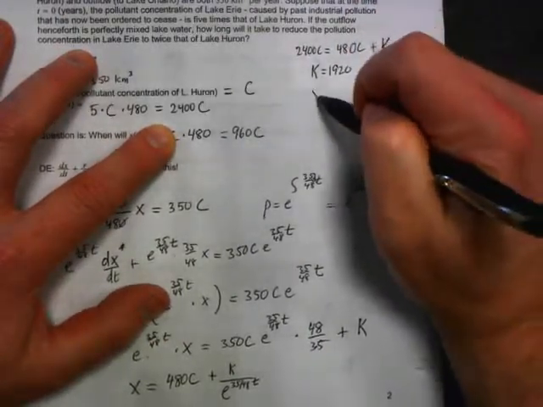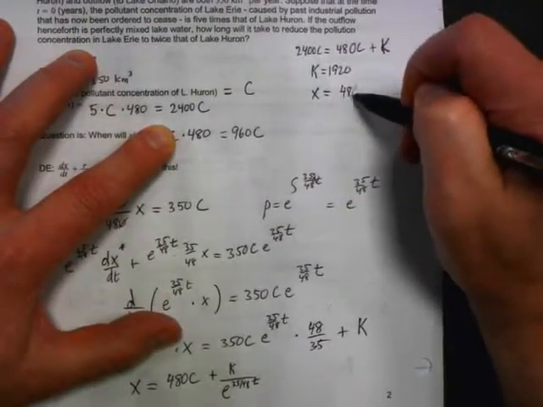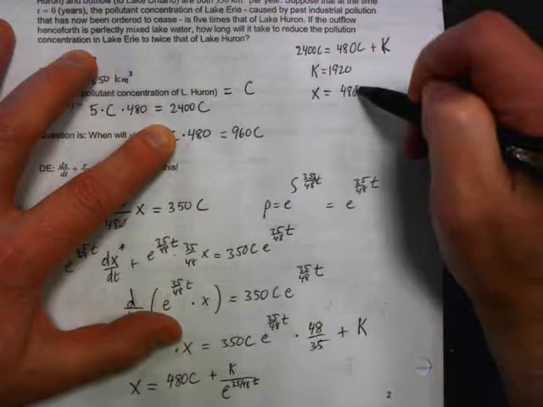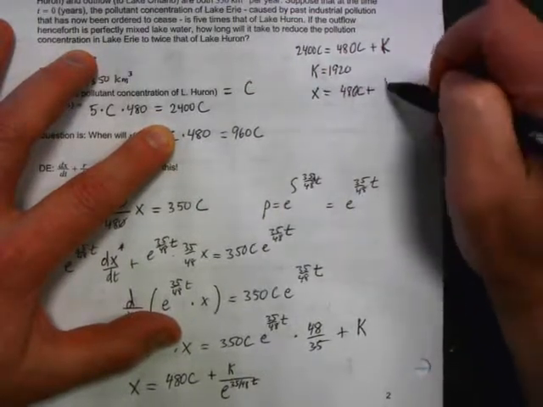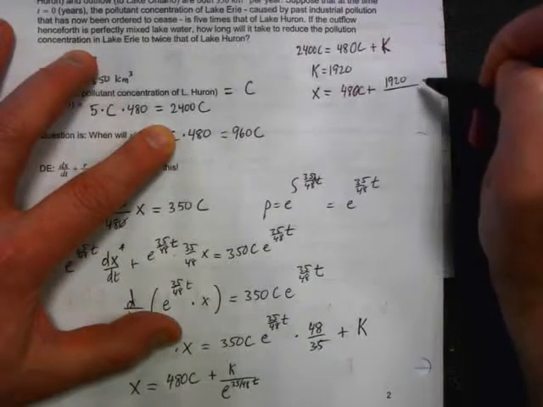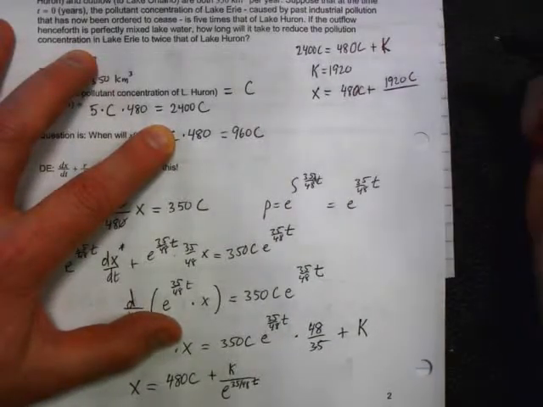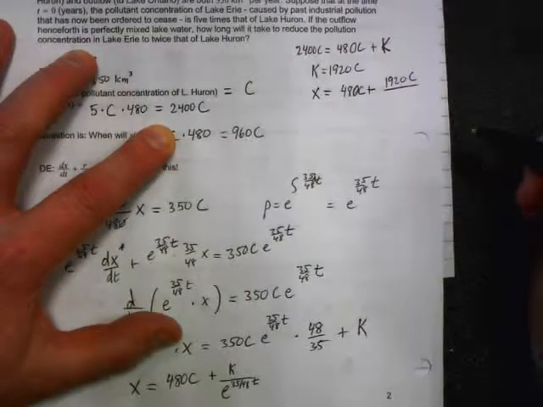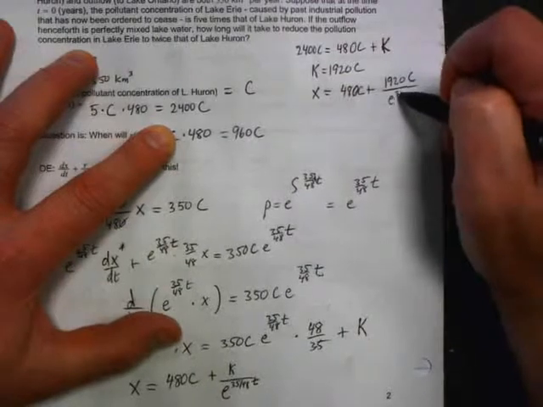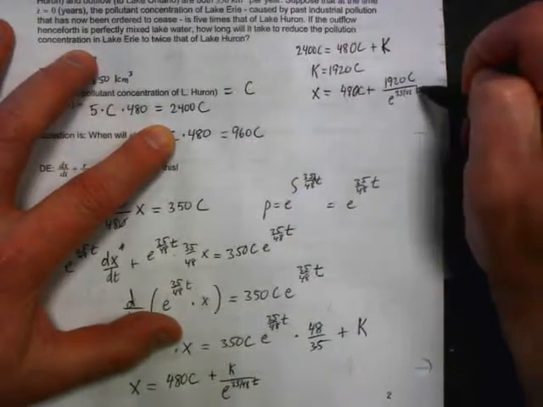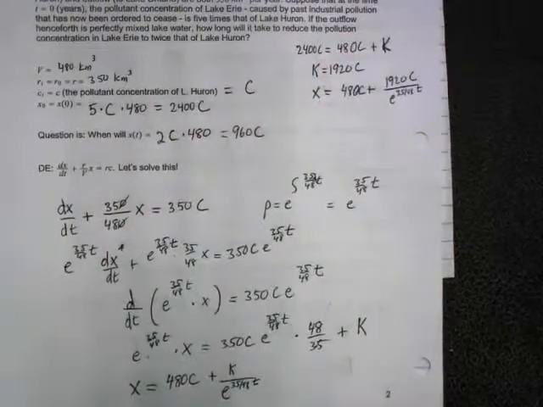So the solution to that differential equation is x equals 480c plus 1920c divided by e to the 35 over 48 t. Yes, 1920c. 2400c minus 480c is 1920c.